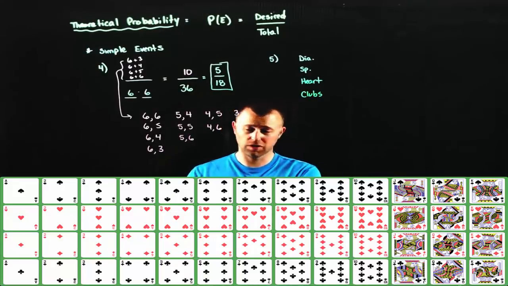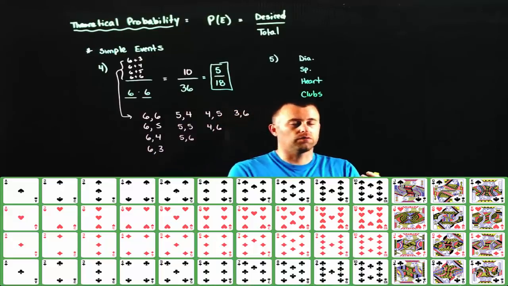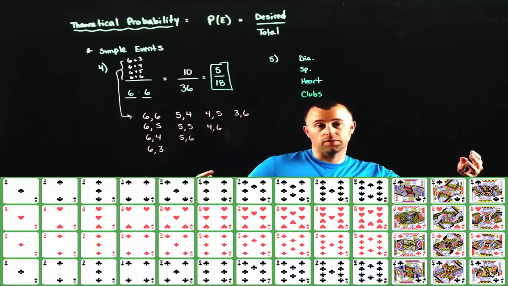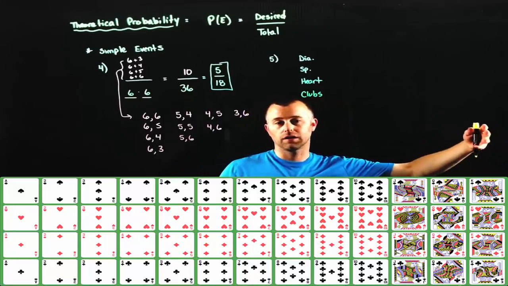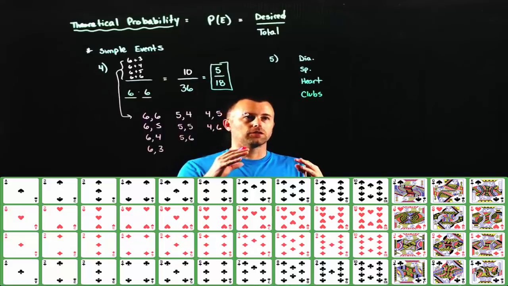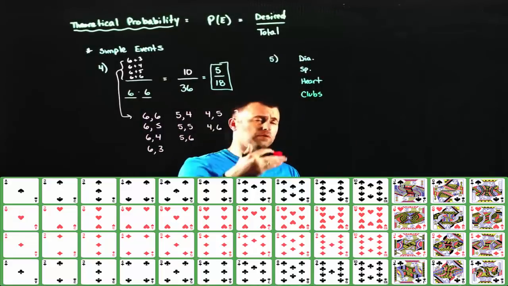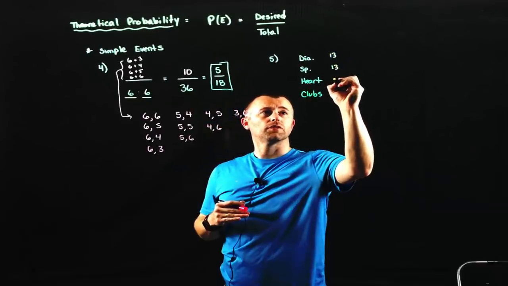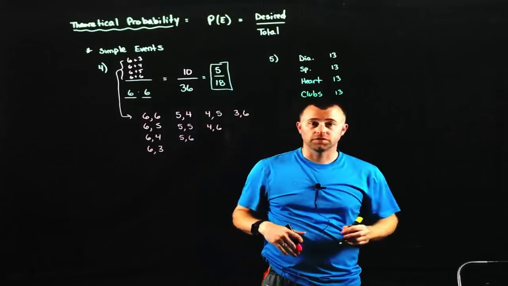It goes from aces, or deuces, 2 through 10, and then you have your jack, queen, king, ace. So there are 13 of each type, and that adds up to 52 cards.